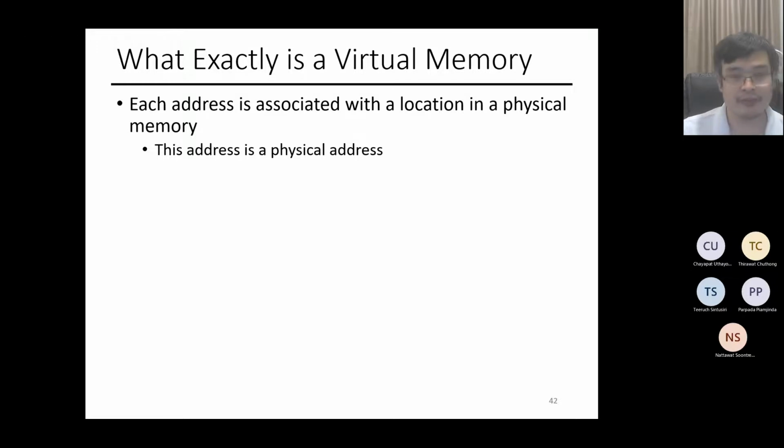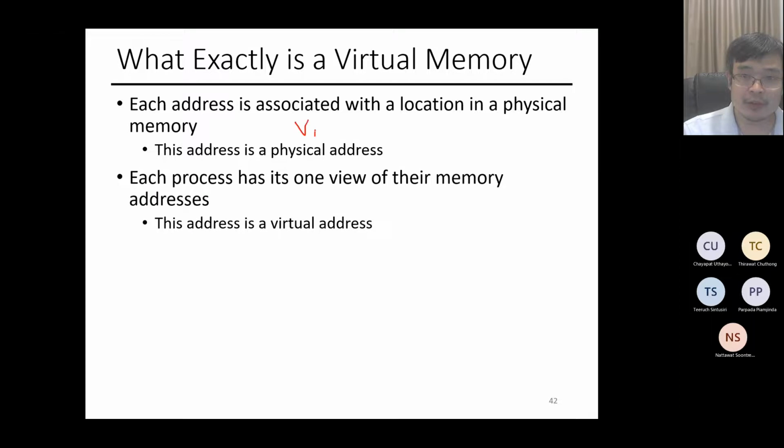This address maps to this physical address. So virtual memory is when you have the virtual address, and you have the map between virtual address and the physical address, PA. So that's your mapping. And each process will have its own view of the memory addresses.